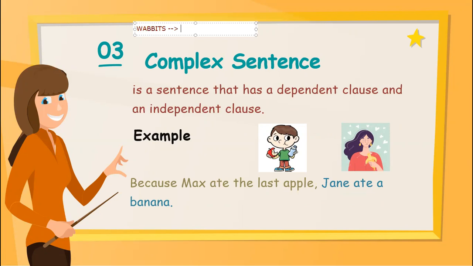He is eating an apple. Max is eating an apple, but I guess the other girl is eating a banana. The wabbits are: while or when. A for after, or as. B for before. Because. Very good.